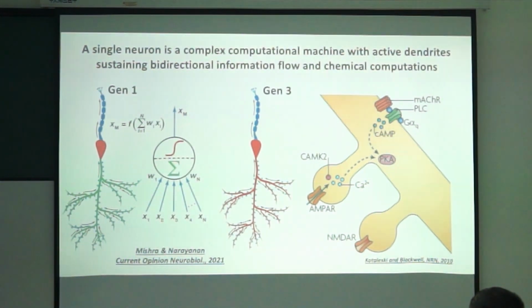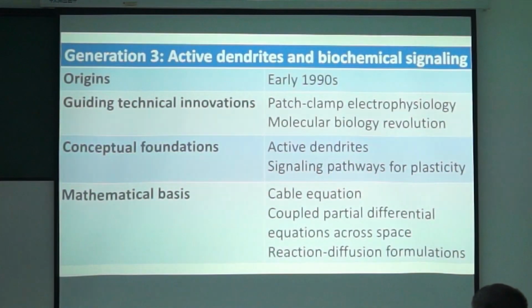So that was the third generation where we realized that dendrites are not passive and that the chemical computations outweigh the number of electrical computations per second and they play critical roles not just in adaptation but also in terms of fundamental neuronal functions.